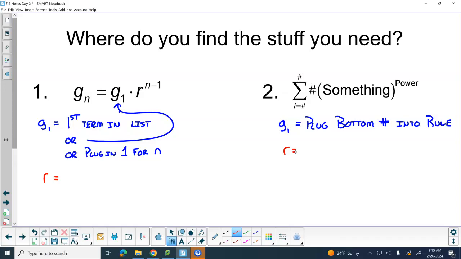R is the number that has what? In the rule, what does R have that no other number has in either rule? It's got a power. It's got an exponent on it. Yep. R is the number with an exponent on it.